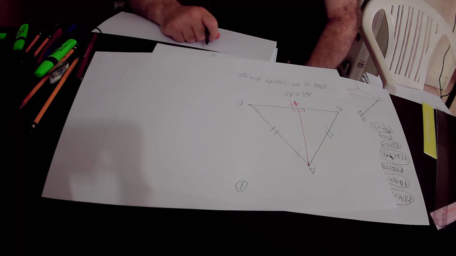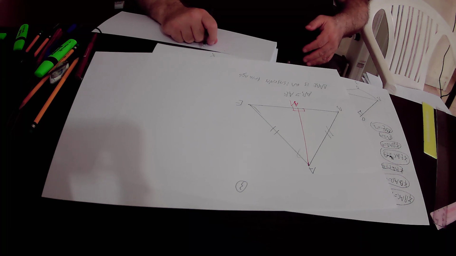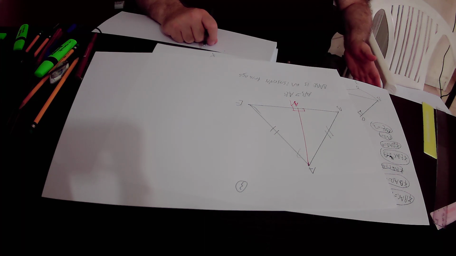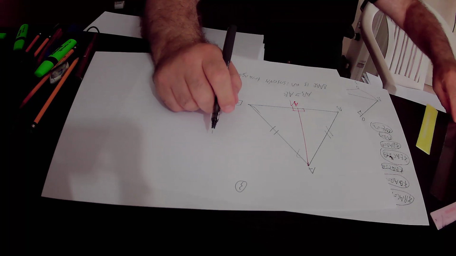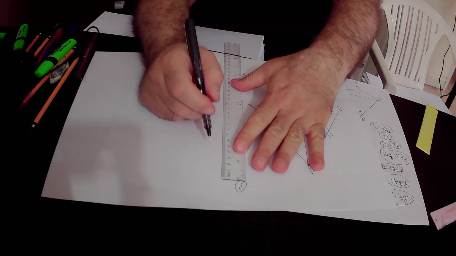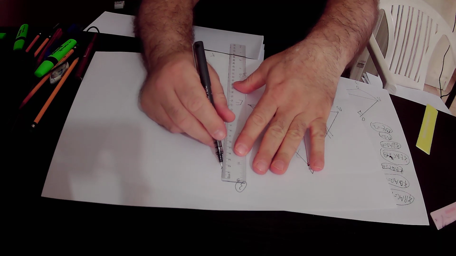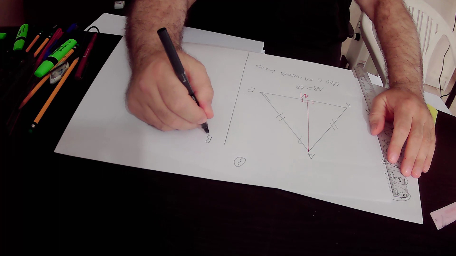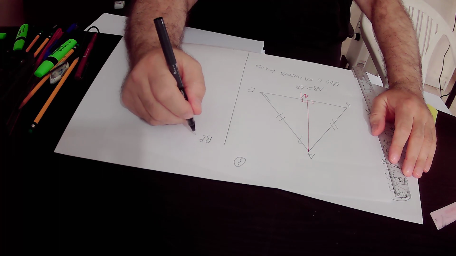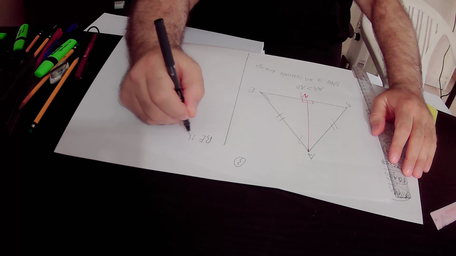And AM is perpendicular to BE, therefore AM is the height to the base BE. So first of all I will mention that BE is the base of the triangle. Side BE of triangle ABE is the base of the triangle.